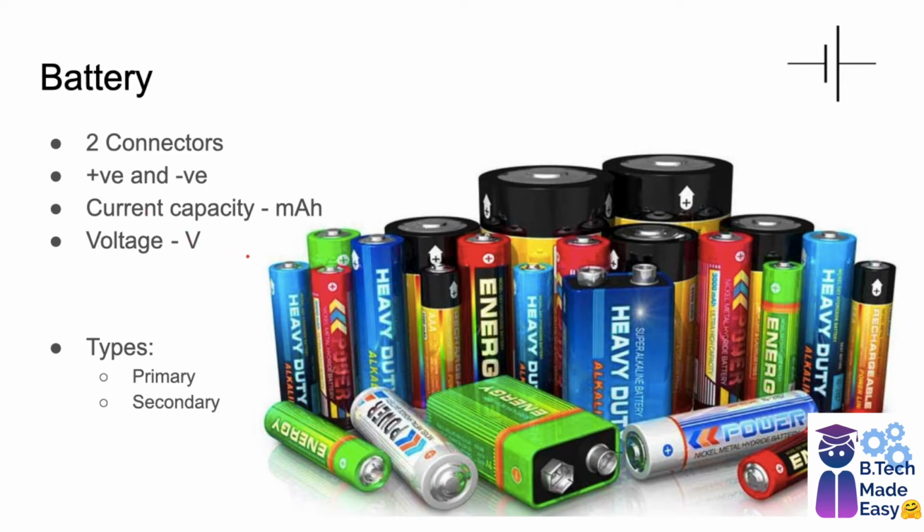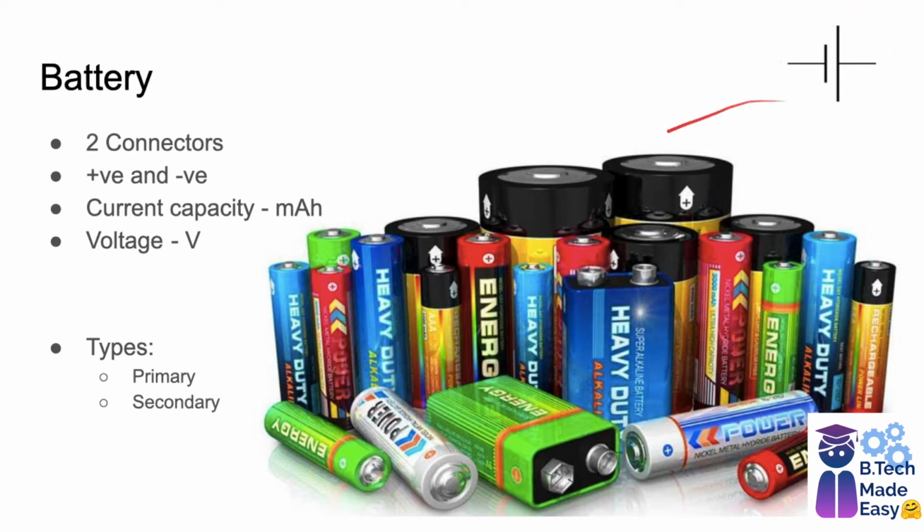Okay, now the types of batteries are generally classified into two types. First is the primary type of battery, which is nothing but the non-rechargeable, disposable type of battery, and the second type is the secondary battery, which is a rechargeable kind of battery. And again, in my coming slides also you will be able to see such symbols. Why?